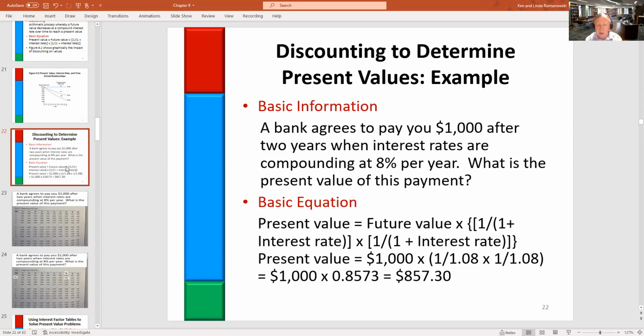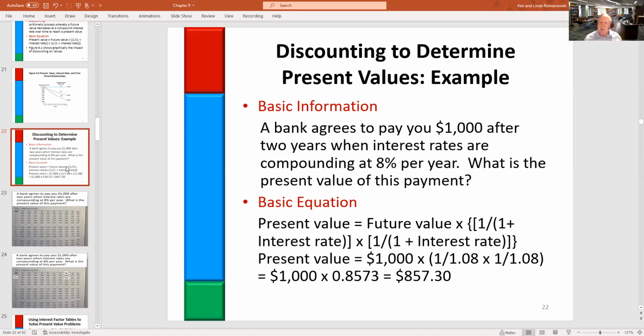The result of this calculation gives you $1,000 times 0.8573, or $857.30. That is what $1,000 in the future, 2 years from now, will be worth today, given interest rates of 8%: $857.30.